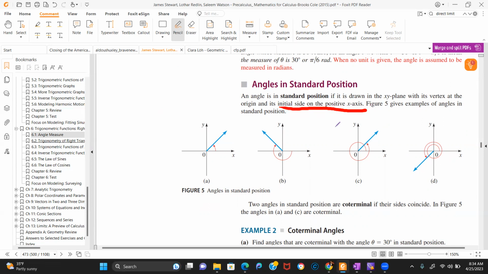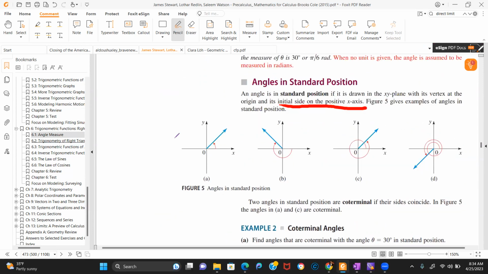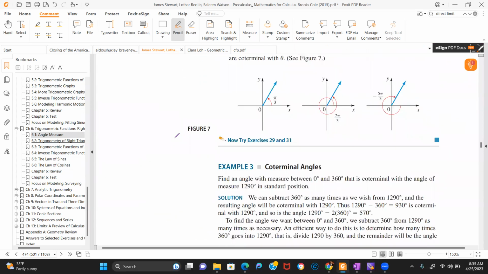This is going to make measuring things a lot easier, and it's basically repackaging the unit circle approach. That'll be clearer when you put angles in standard position.